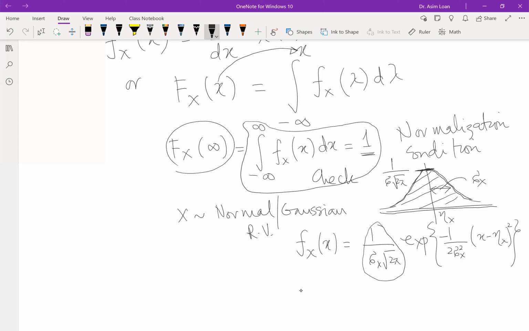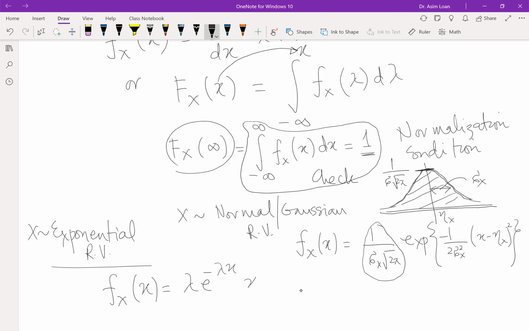Similarly, if you have an exponential random variable, which is the counterpart of the geometric random variable, then fx of x is lambda e to the minus lambda x. Either you write x greater than or equal to 0, or you write lambda e to the minus lambda x times u of x.